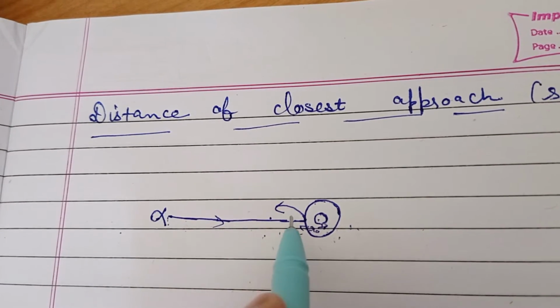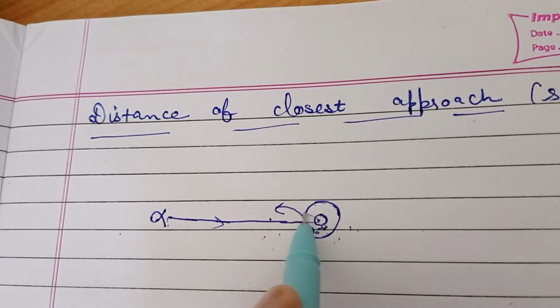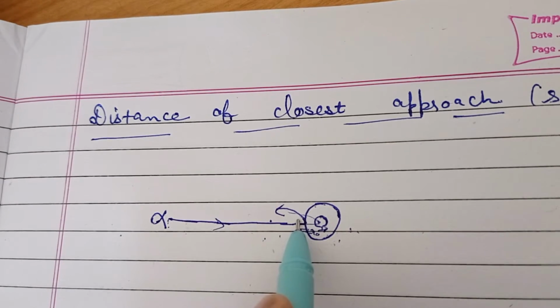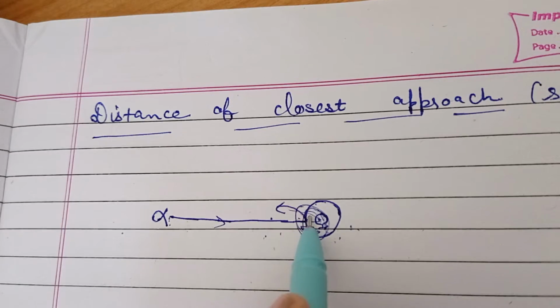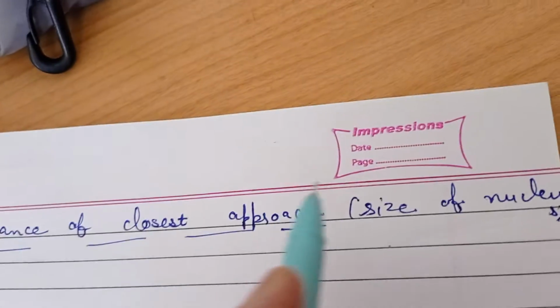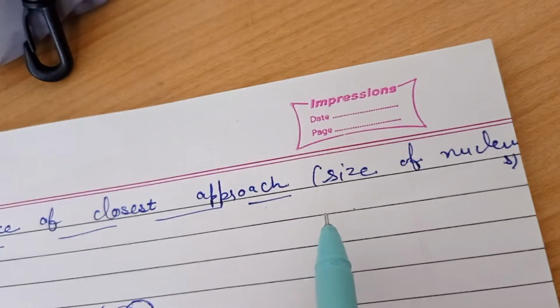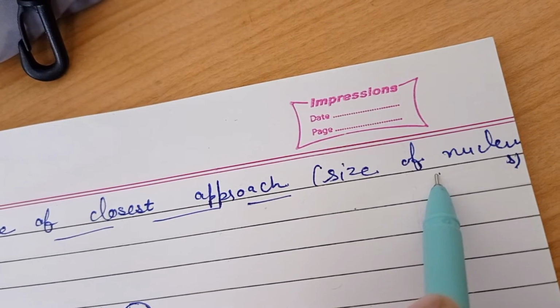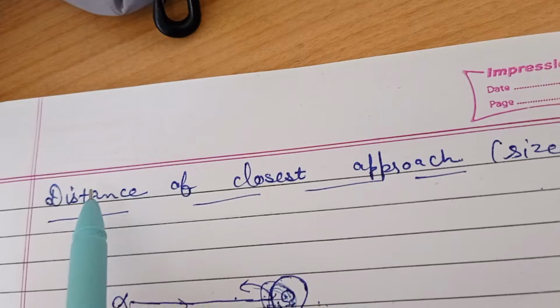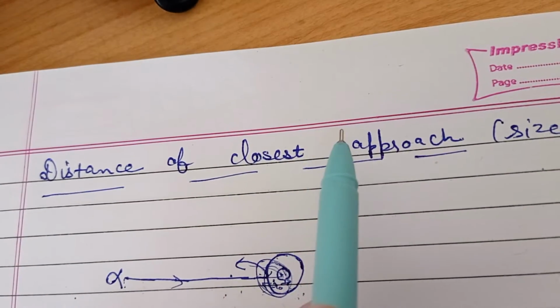That is, the alpha particle can come only that near. And from this value you can get the idea of the size of the nucleus. Now it's clear to you what the distance of closest approach means.